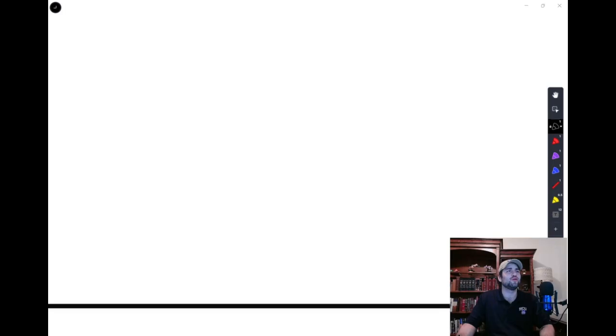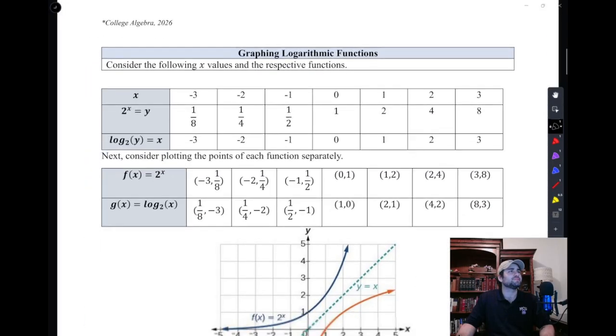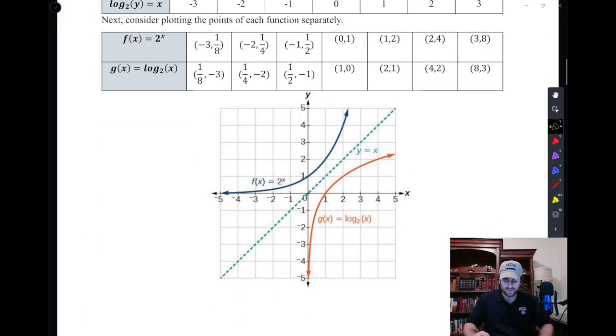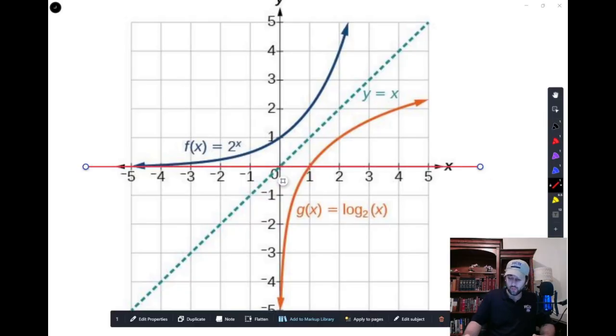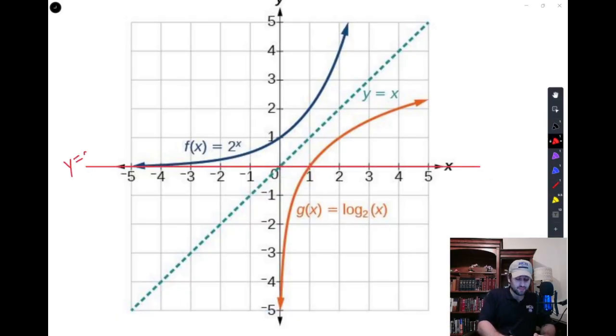Why can't it include that boundary condition? Well, if you look right here at this graph, the blue line was the exponential function that we talked about all chapter. We've talked about it with a base of 2, and it's exponentially increasing. You'll notice that blue line has a y equals 0 horizontal asymptote. Well, here's the cool thing. If you invert that equation, like when we talked about inverse functions, that just means you switch x and y.